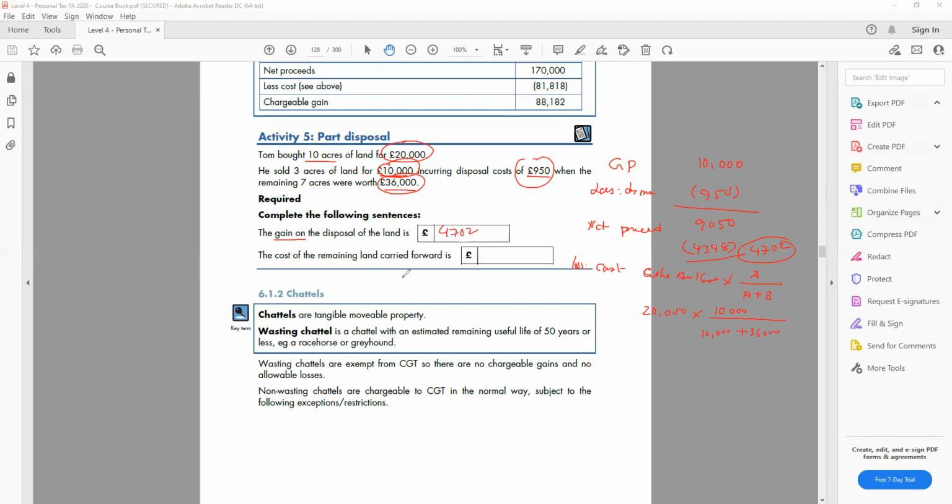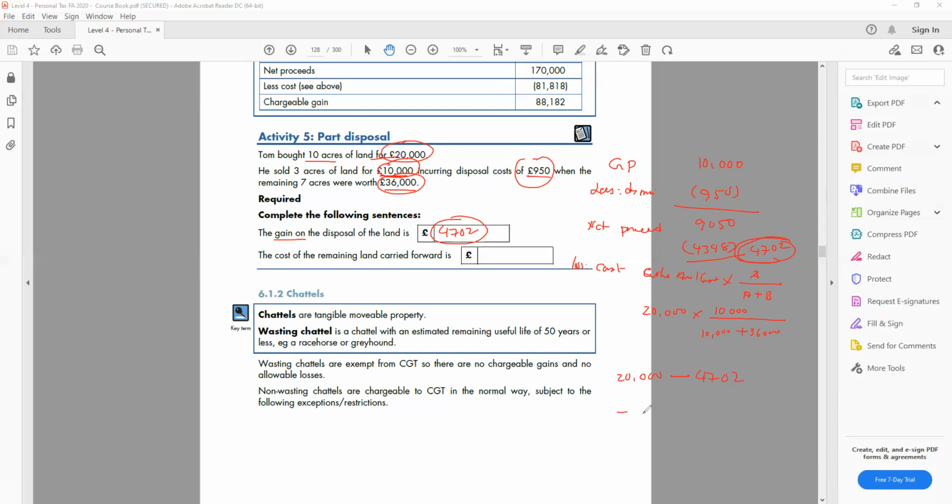And the cost of the remaining land carried forward, how much is it? The total cost was 20,000. From this 20,000, we take away the cost. 4,702.